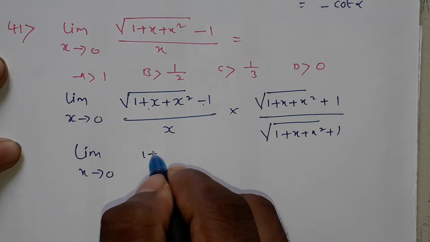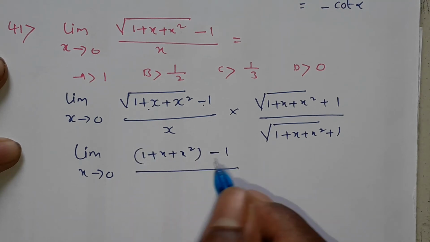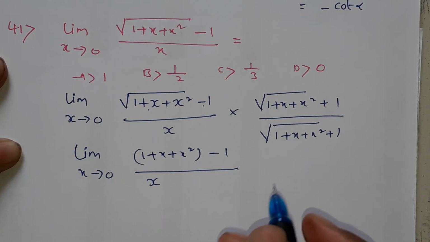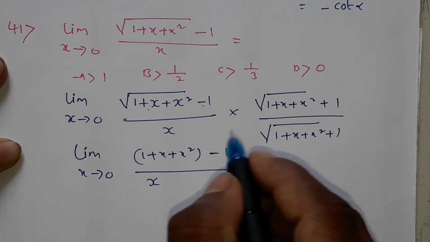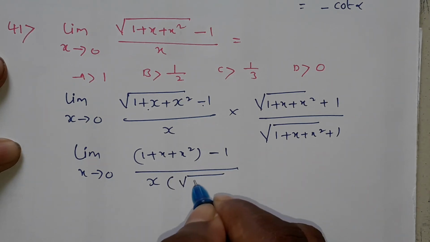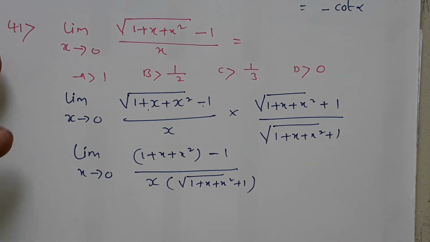Here we get (1 plus x square minus 1) by x into 1 by x into the next value, which is equal to what, 1 plus under root 1 plus x square plus 1 exists.